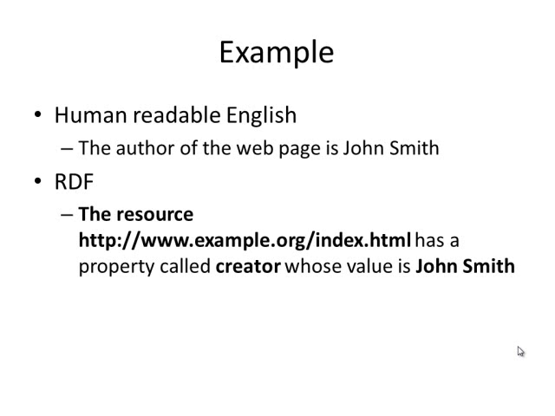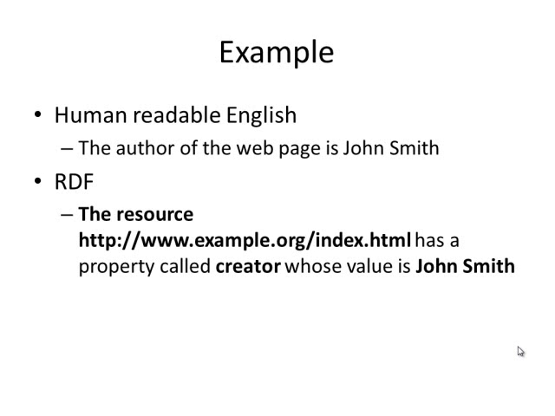Web page is the resource that we're talking about. The web page is identified by a URI. The predicate that we're talking about is the property that we want to get at. In this case, we want to know who the author of the web page is. So author is the predicate. And it turns out that the name of the author, the value of that predicate, is John Smith.